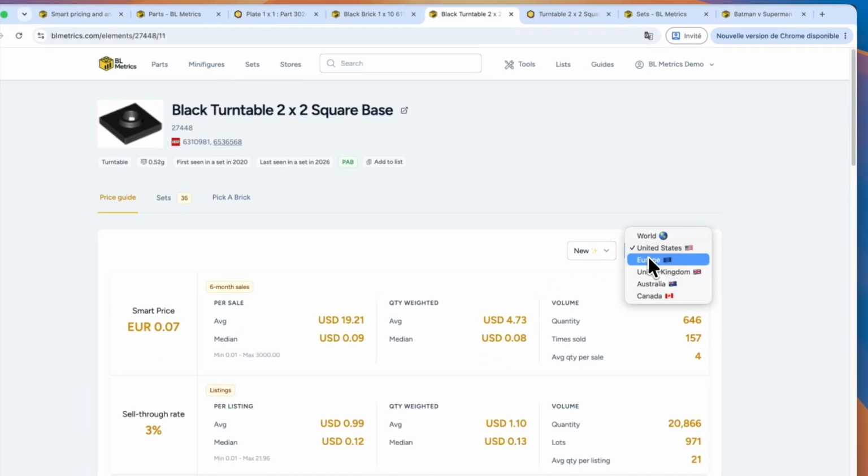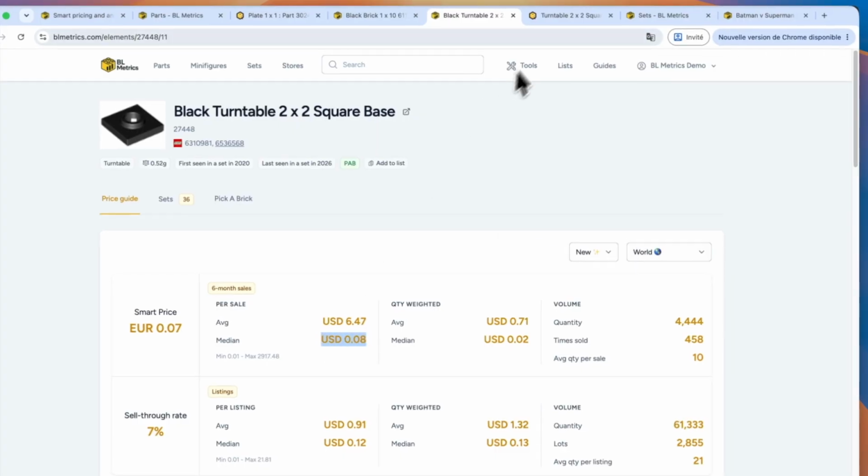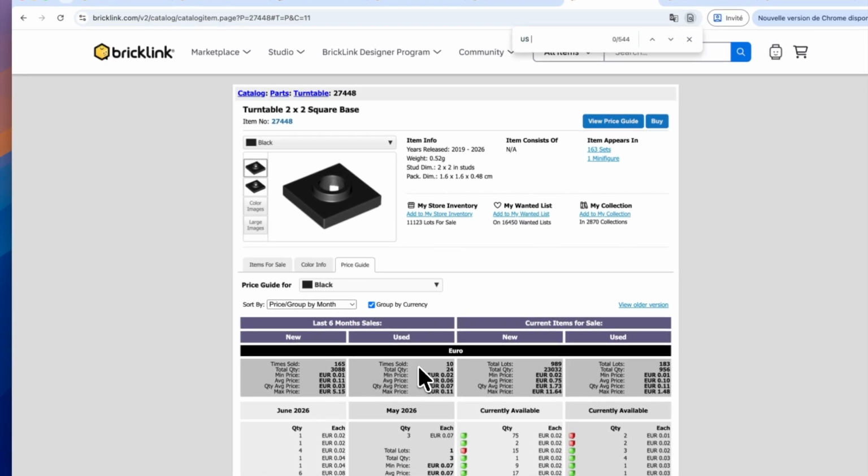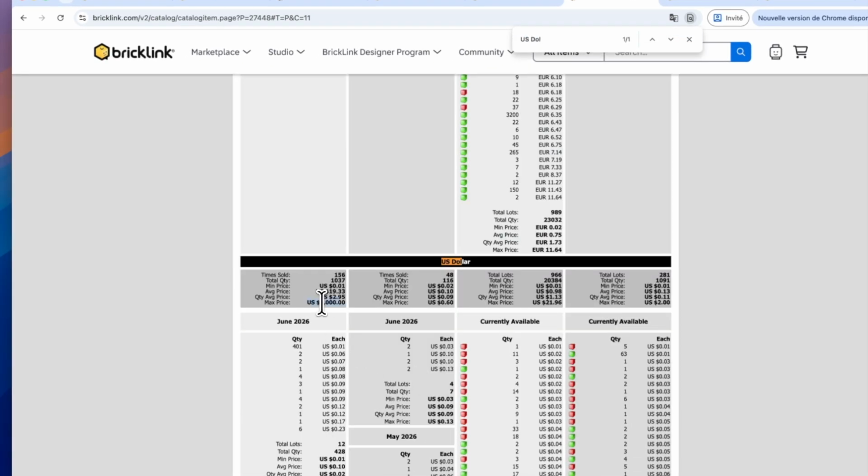Here's a real example where using the median instead of the average really matters. If we look at the worldwide prices for this part, the average is $6.47, which is pretty expensive, but the median is only 8 cents, which is a huge difference. And if we dig into the price guide, we can see there was a single sale back in February for more than $3,000.